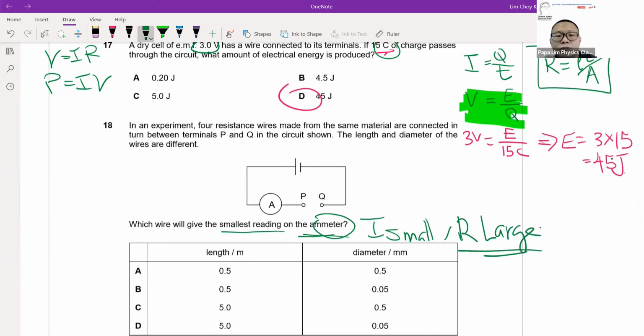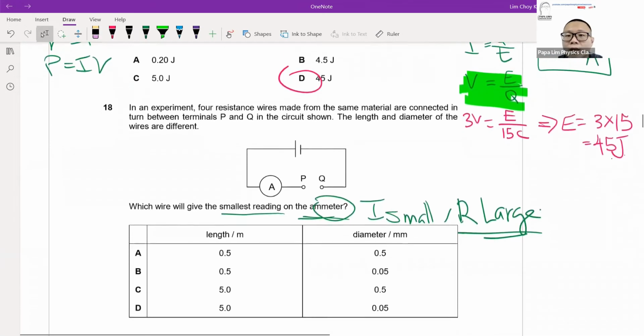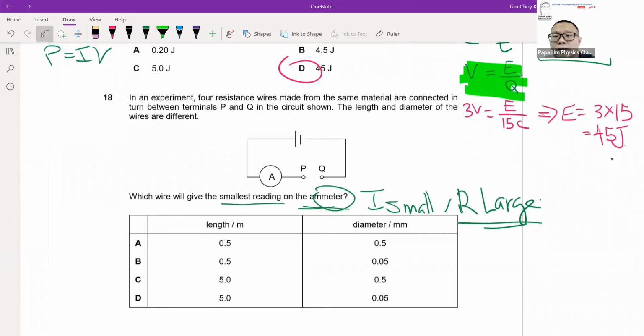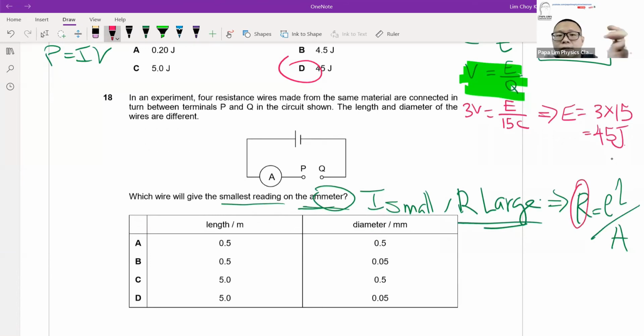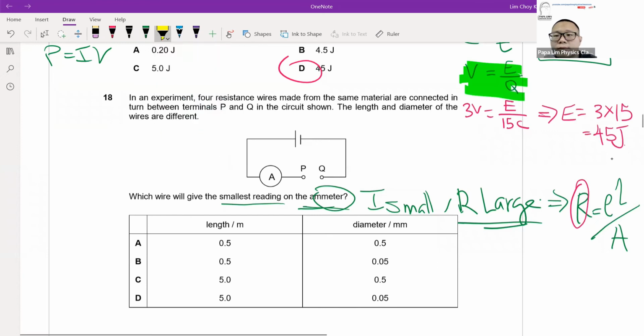So for resistance to be large, the radius, the diameter, everything will have to change accordingly. So the formula that we are looking at is R equal to rho L over A. I want, for resistance to be big, given the same piece of wire, my length must be large. The length must be large.